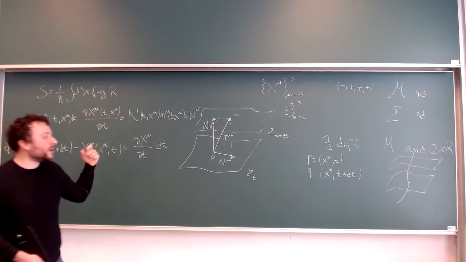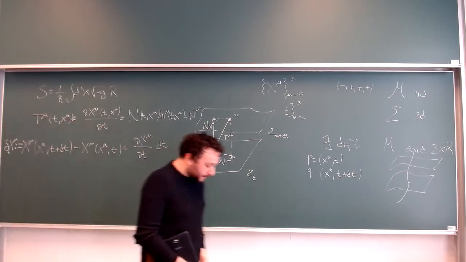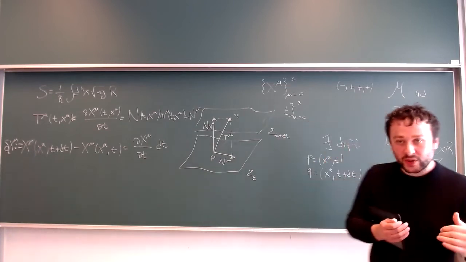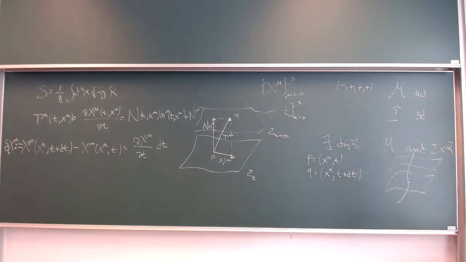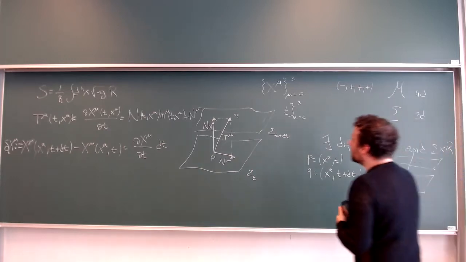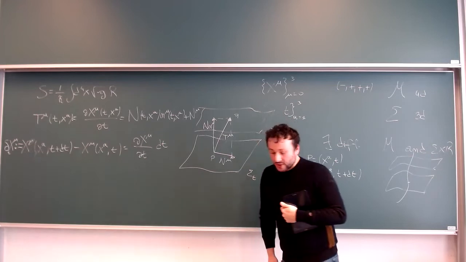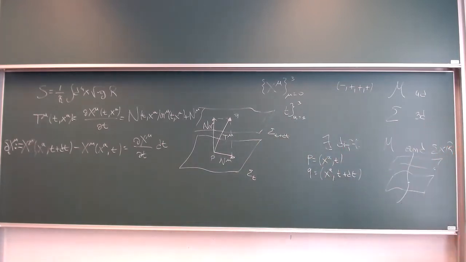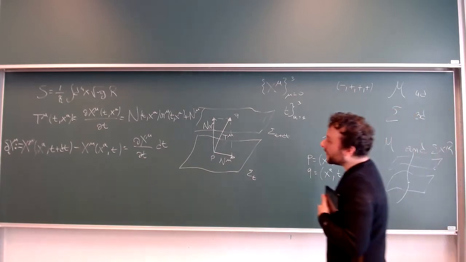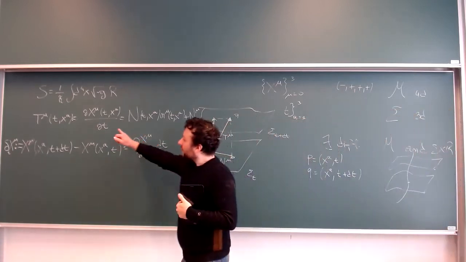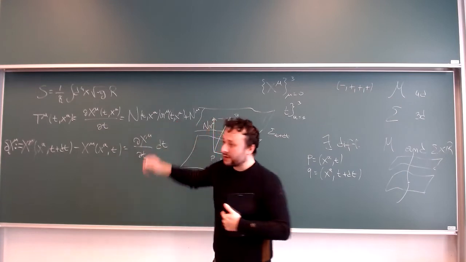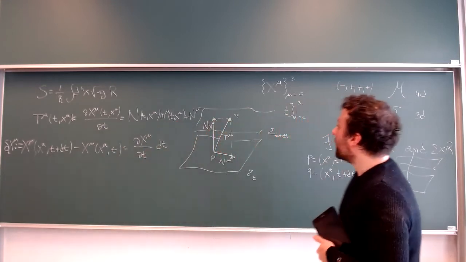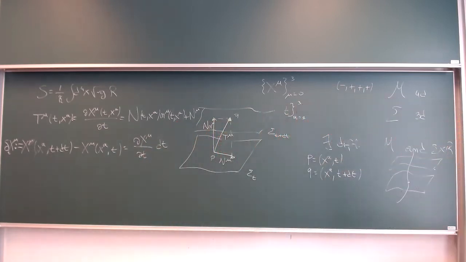And so we need a relation between the old coordinates and the new coordinates. And well, another reason, there is also a property of this vector here.